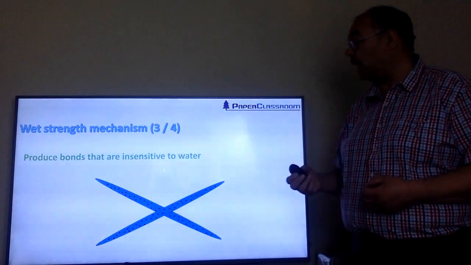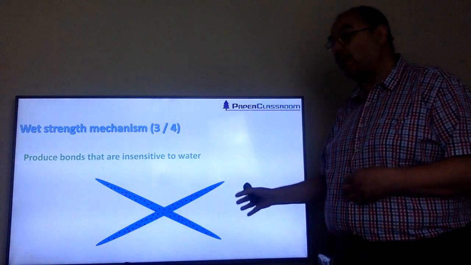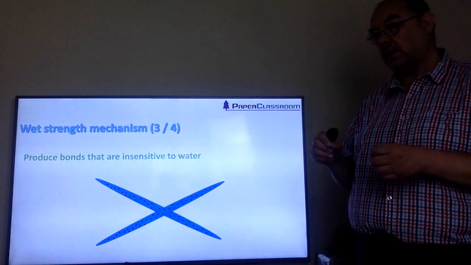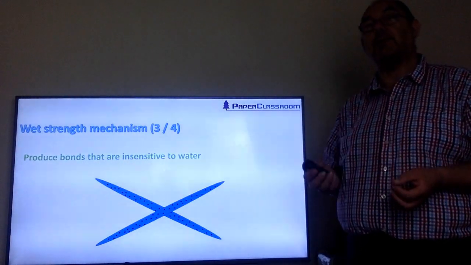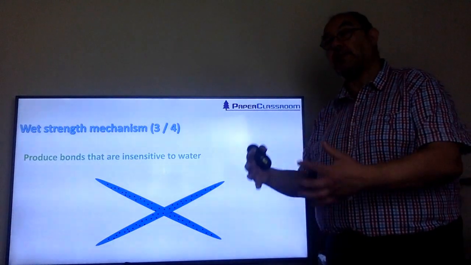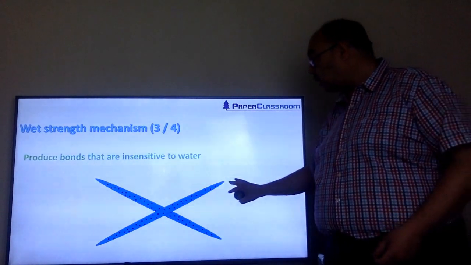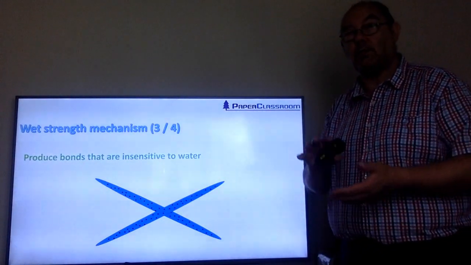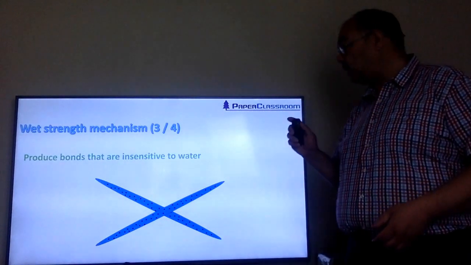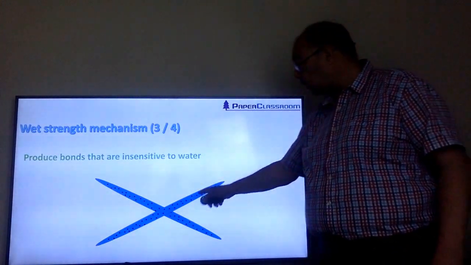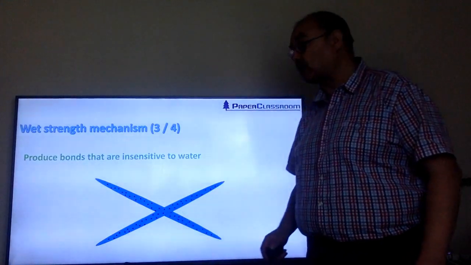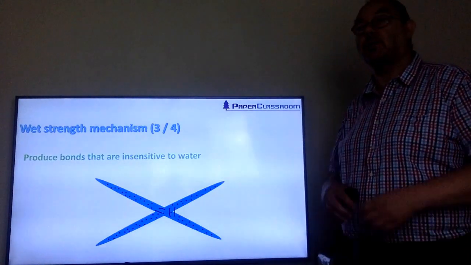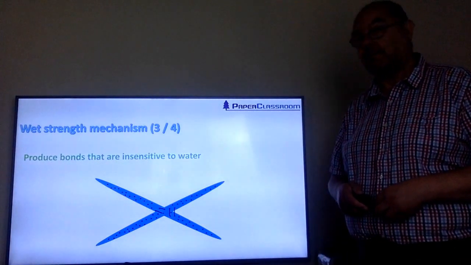So if we take materials like MF resin or UF resin or chymene, these are water repellent particles in a suspension, and what we need to do is to put them into the wet end of the machine, encourage them to stick onto the fibres, and then once we've formed the sheet we press out the water, we dry it, and then once we've dried it these particles will then start to cross-link or interact with each other, and they will form water insoluble bonds because the particles themselves are hydrophobic.